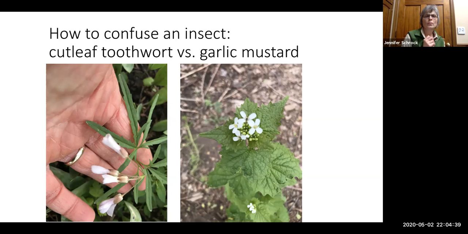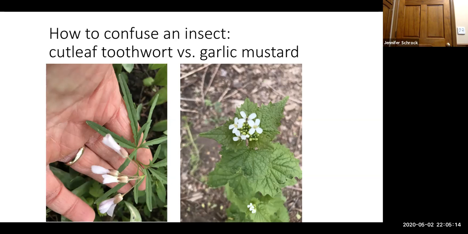It tells a lot about why it's so important to cultivate native species. So I just wanted to throw in this little story that I learned while I was getting ready for this lab, which I found interesting. You probably have heard of or possibly even recognize the garlic mustard plant on the right. That's a common invasive species that's caused a lot of problems in the last 10, 15 years. Well, I learned that it is a close relative to cutleaf toothwort.